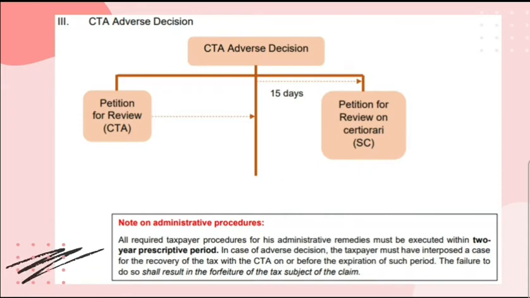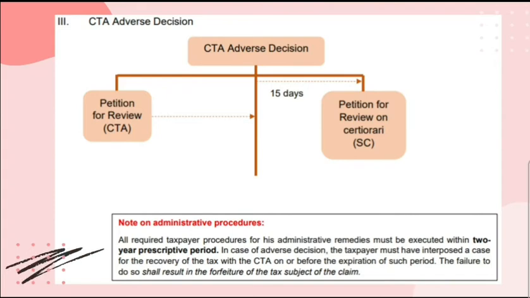If you've noticed, we mentioned two CTA, which is the CTA and the CTA en banc. The difference between both is that CTA is composed of 15 justices with 5 divisions. Each division is composed of 3 justices. If a petition for review is filed before CTA, a division consisting of 3 justices is assigned to review the petition.